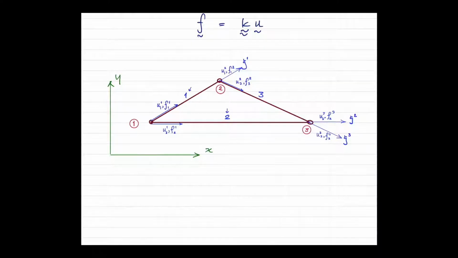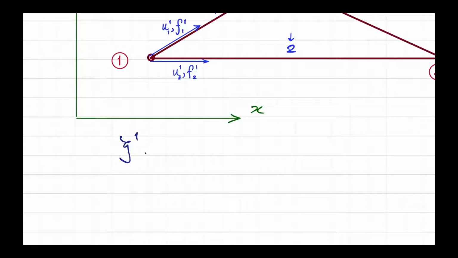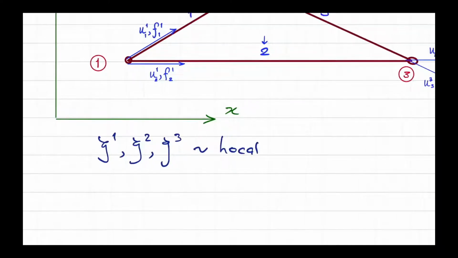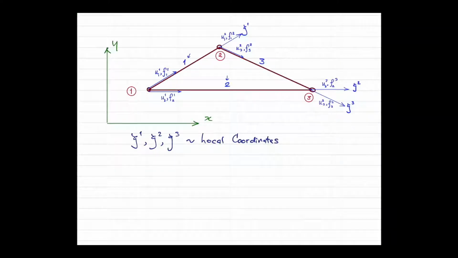We have the C1, C2, C3. We call them local coordinates. We developed the concept of direct stiffness initially in the local coordinates because it is very easy to cast the stiffness matrix of each type of member without any consideration about the orientation at that moment, right?